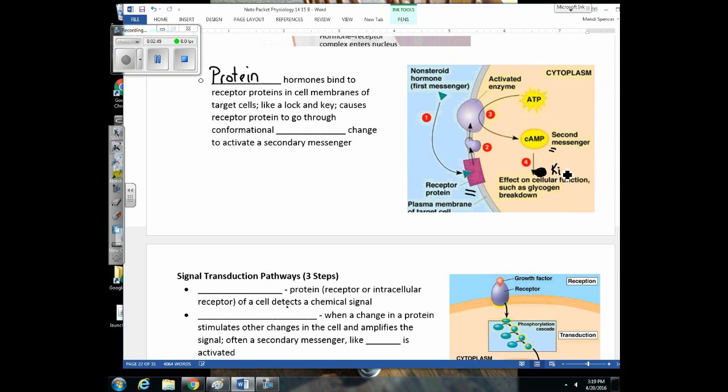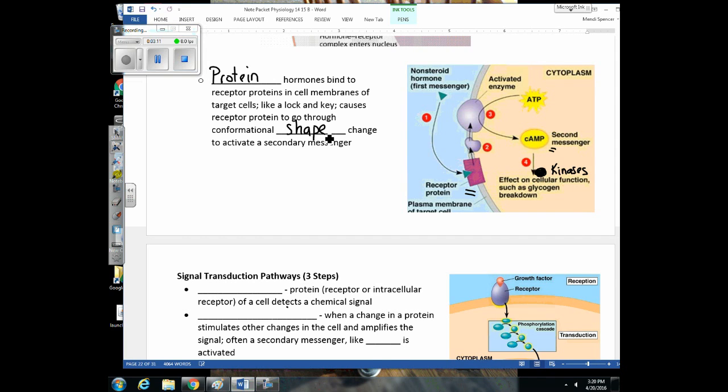Lots of times they're kinases, and kinases will activate other molecules, and we have the transduction, or the spreading of the signal throughout the cell. I want to highlight this idea about proteins, that whenever this signaling molecule binds to them, they have what's called a conformational shape change.